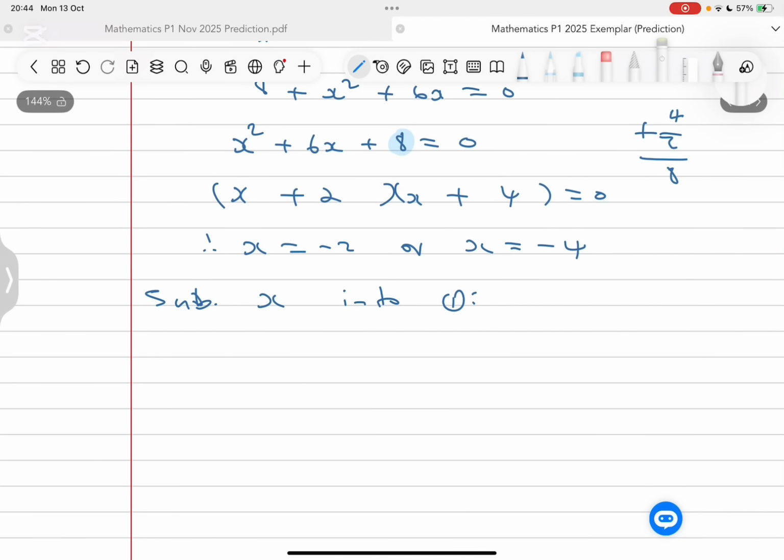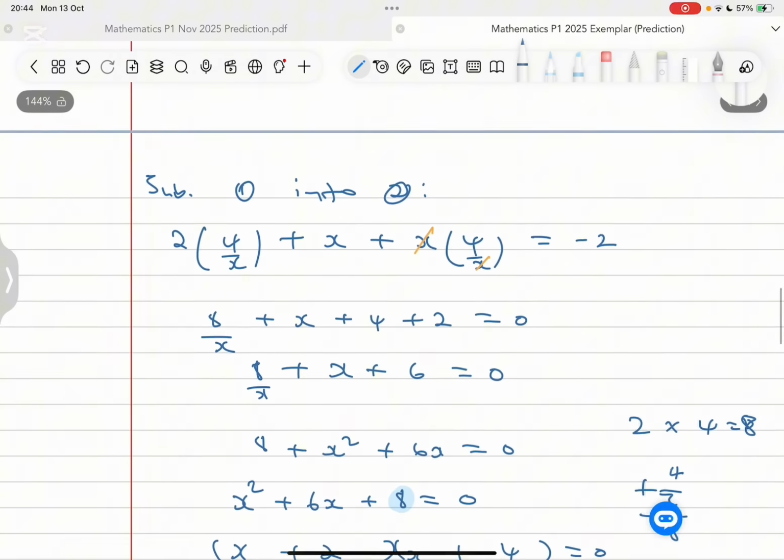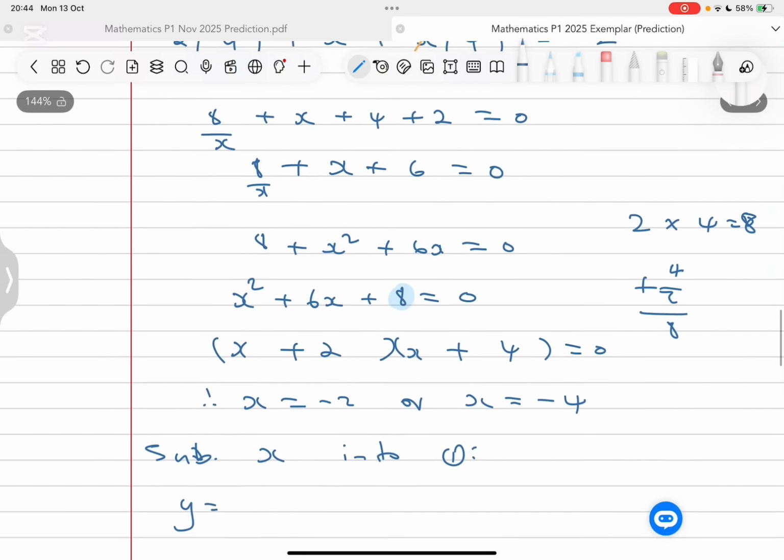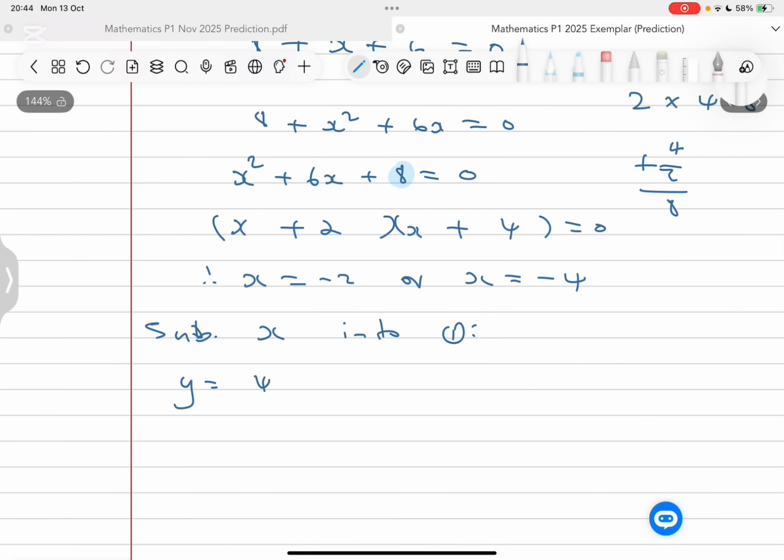So y is equals to, remember, equation 1 is 4 over x. So we're saying y is equals to 4 over negative 2, because my first value of x is negative 2, or y is equals to 4 over negative 4. And this would simplify down to a negative 2, or y to be equals to a negative 1.